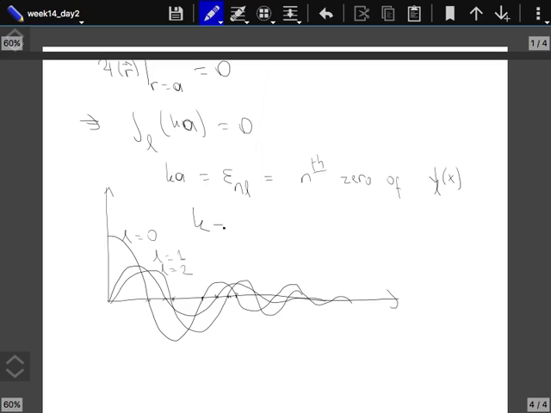So k can only take the values epsilon_nl over a. Let me just call them k_nl. Hence we have discrete energy levels. Furthermore, since the epsilon_nl's are in general different for each l, there is no degeneracy in l. The thing to note is that epsilon_nl doesn't depend on m. Different values of m have the same energy eigenvalue.